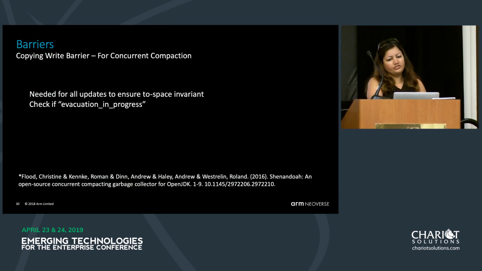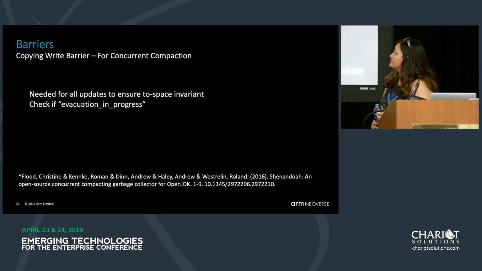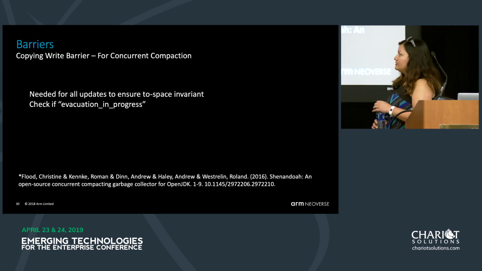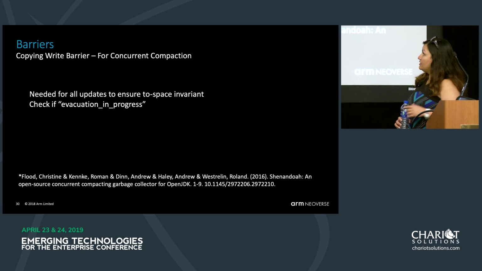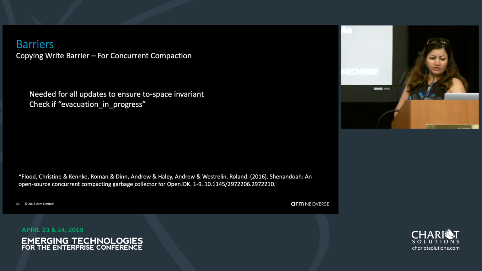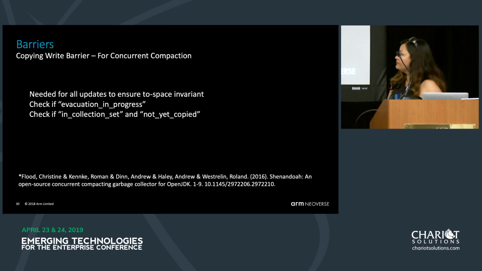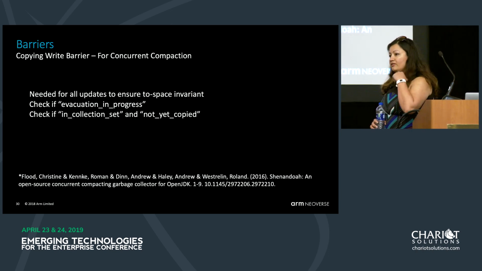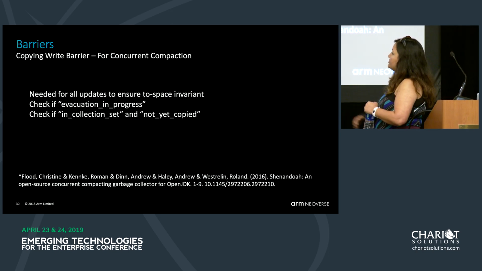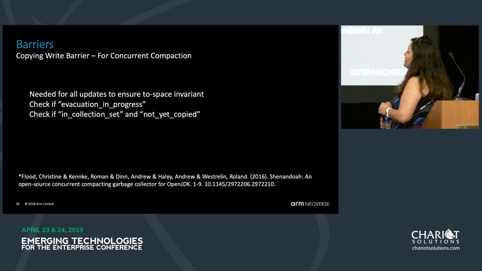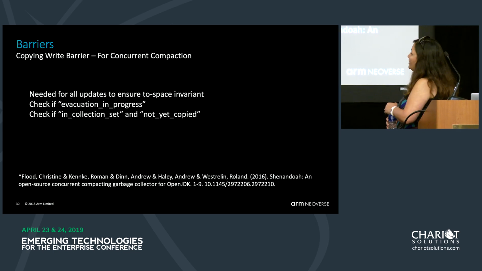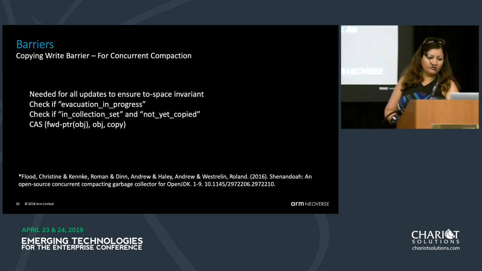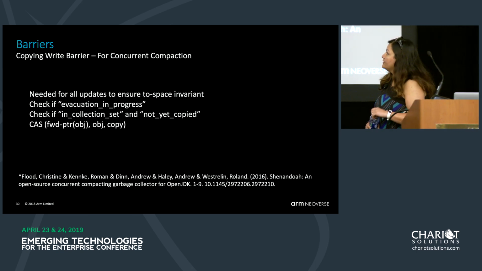What it does is simply check if you're in an evacuation phase. Basically, if you're trying to do compaction, and if it checks to be true, then it goes down the slow path of checking. And in the slow path, this is the write barrier code. You'll check if it's in the collection set, and if it's not yet copied, then you'll go ahead and compare and swap.